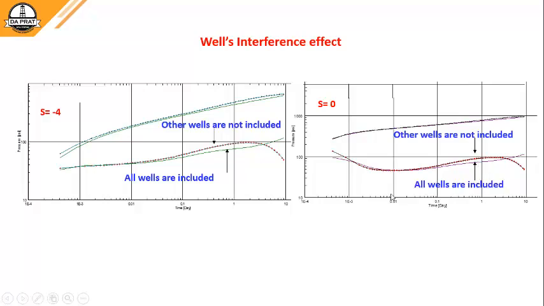So what I'm trying to say here is that, okay, you decided not to include the other wells. Then remember that if you don't include them, maybe this behavior here, this response here, is not due to transitions or mobility changes. Maybe it's that you're not including the other wells, because it should be like this.